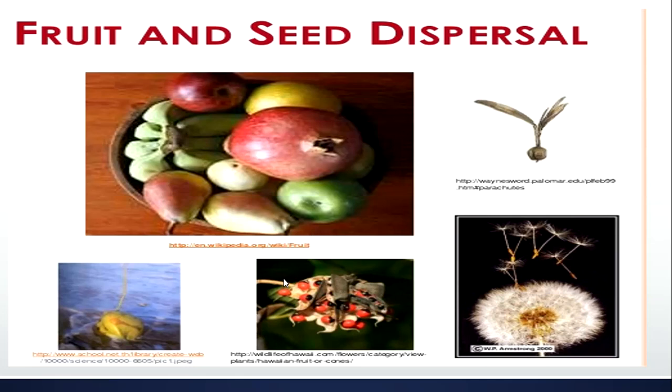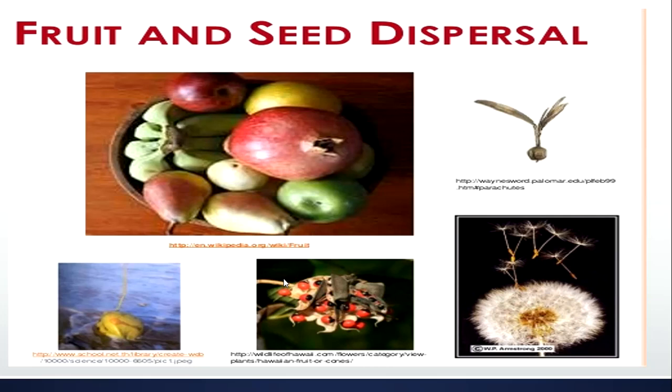Also, when an animal eats fruit, the seed can pass through the animal's digestive system with little or no damage, and then it may land in a good spot where conditions are good, and it can become a new plant.